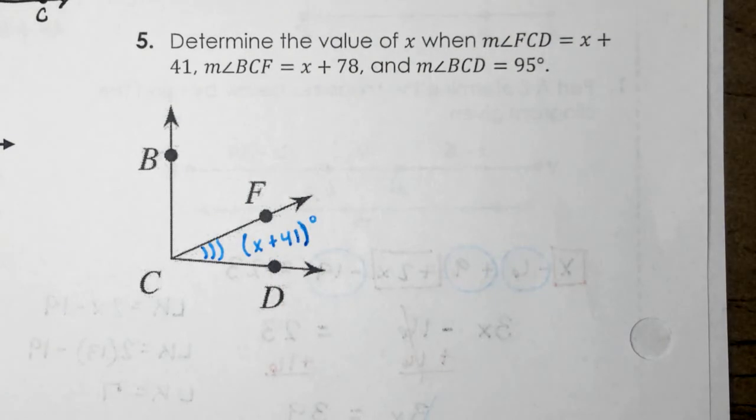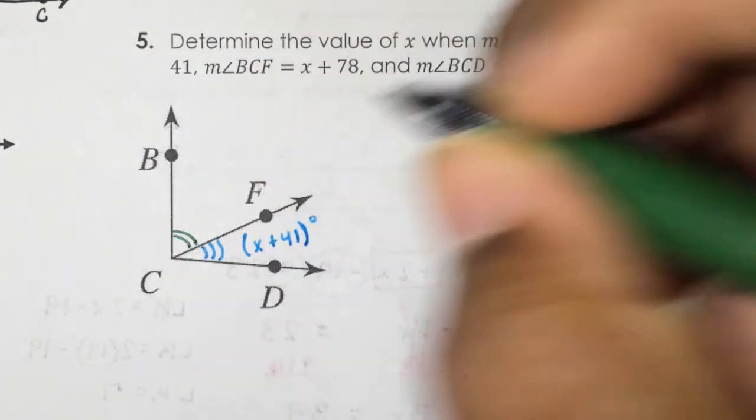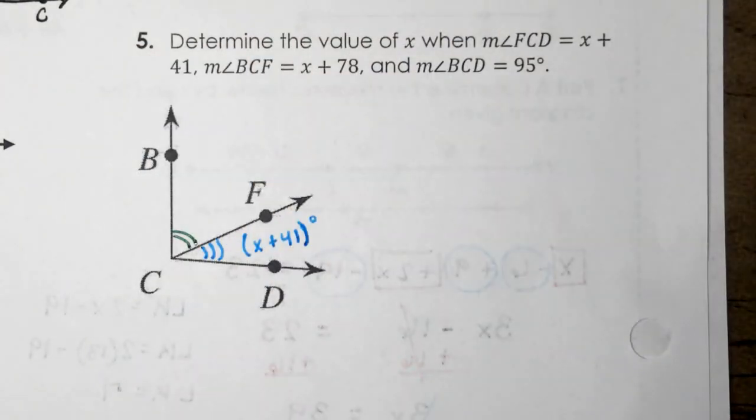And then on my other one, they gave me x on BCF, right? Yeah, BCF. They gave me x plus 78.